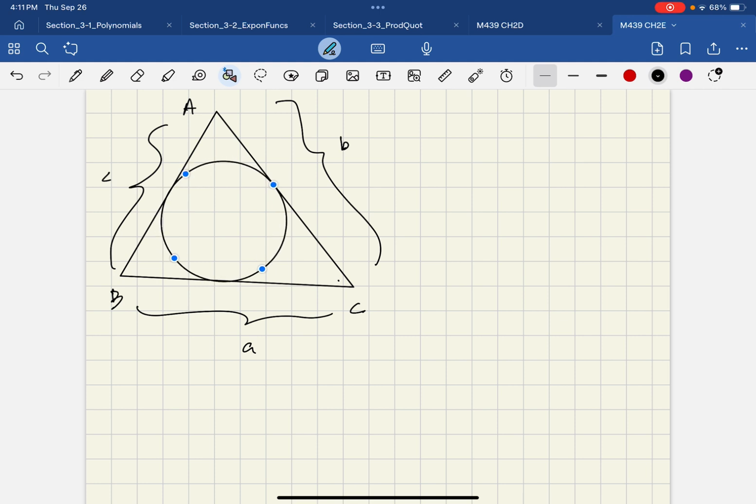Looks pretty good. So A, B, and C. We know that this thing has a center at I, and that these three distances, of course, will be the same. Let's call these U, V, and W.